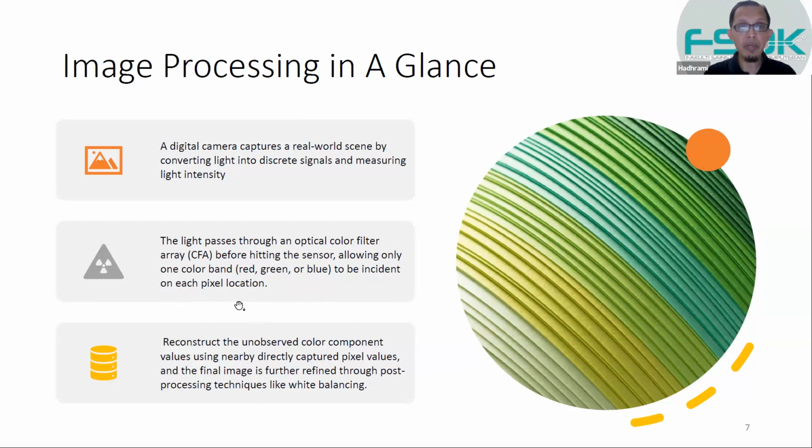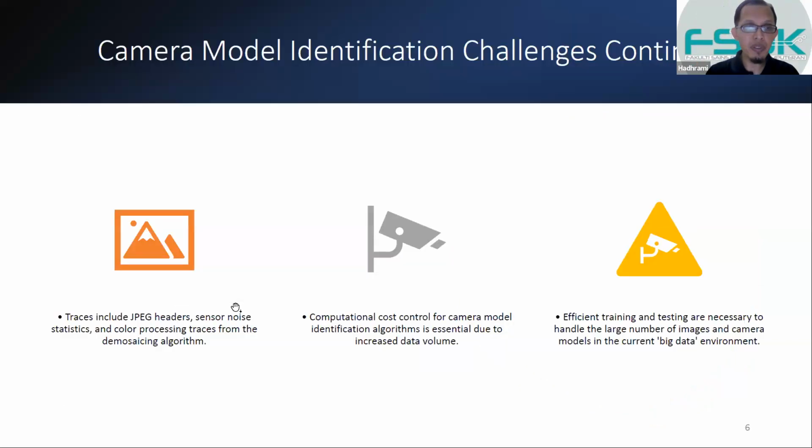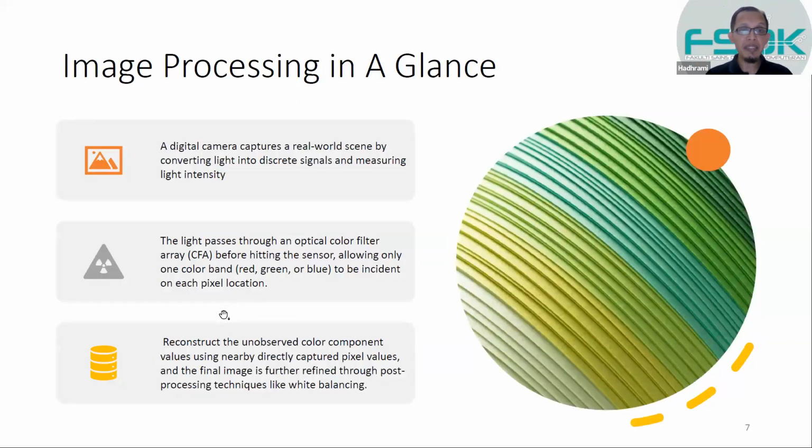So here is where we need the demosaicing algorithm, in order to convert from the one color band originally incident to each pixel location and reconstruct the rest. By using the demosaicing algorithm, we reconstruct the unobserved color components using the nearby directly captured pixel values.